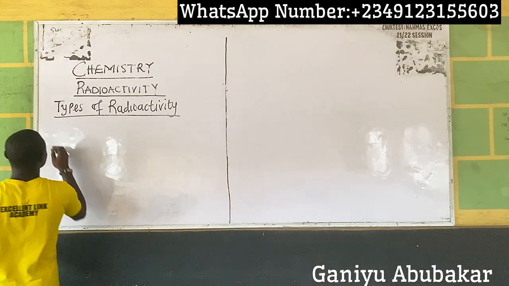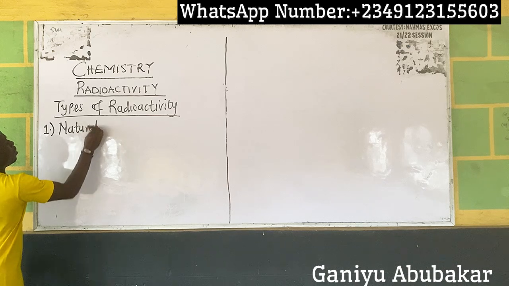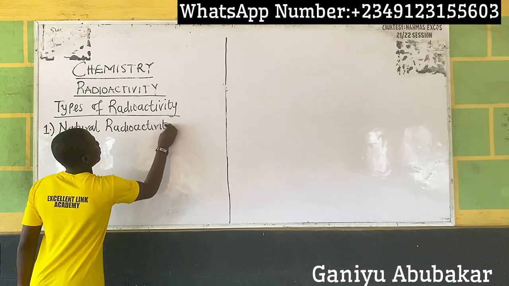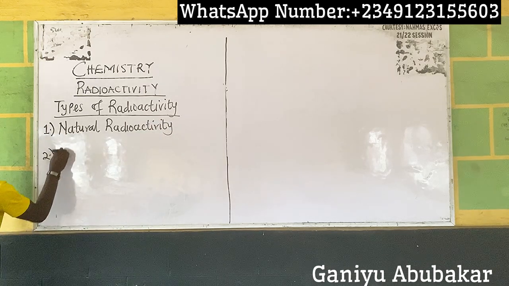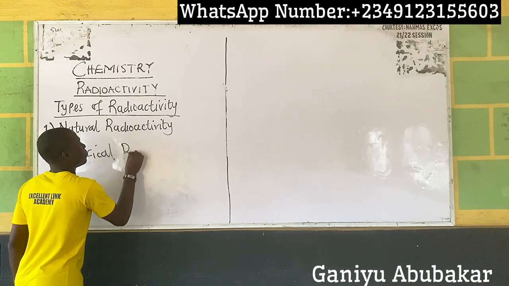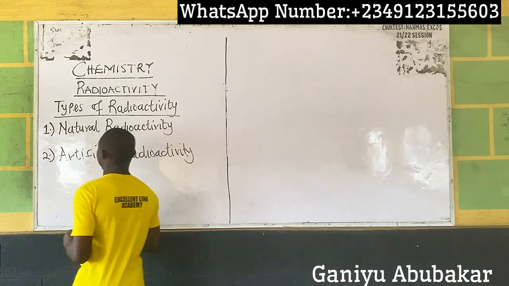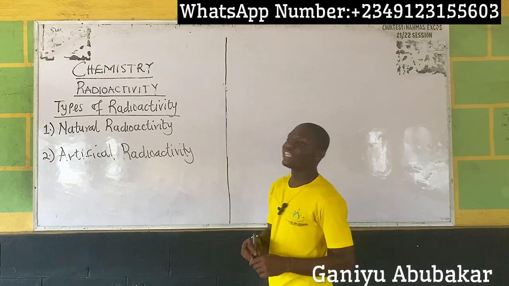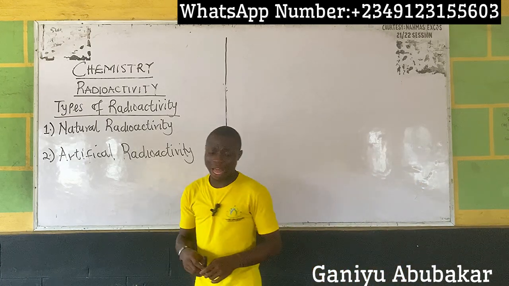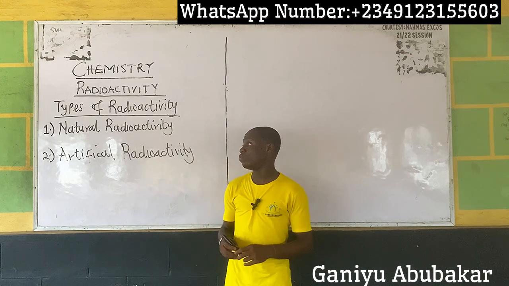Number one, the natural radioactivity, and number two, the artificial radioactivity. Let's explain them one after the other and then we'll proceed.